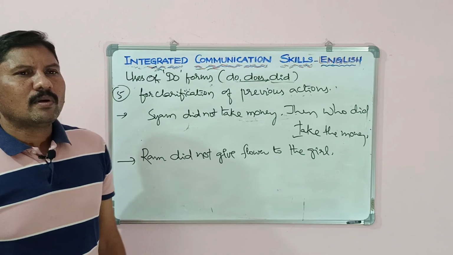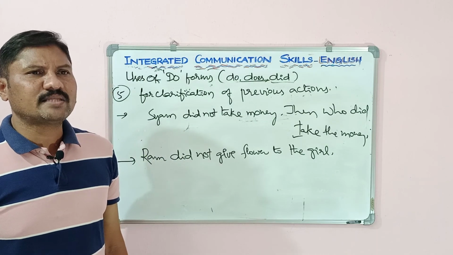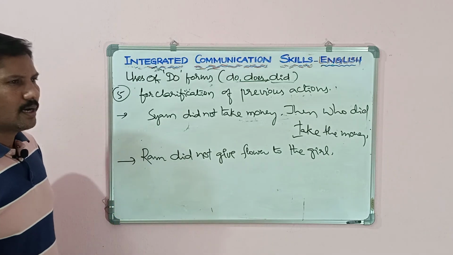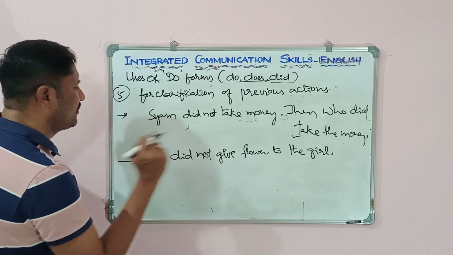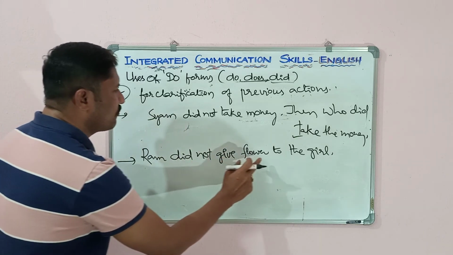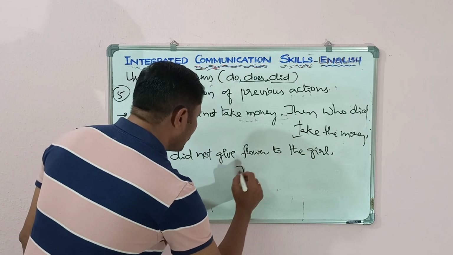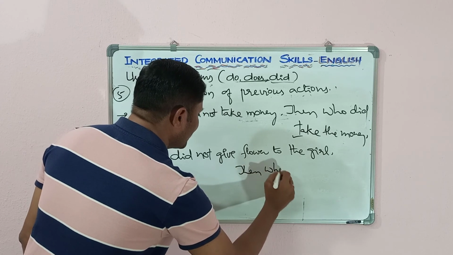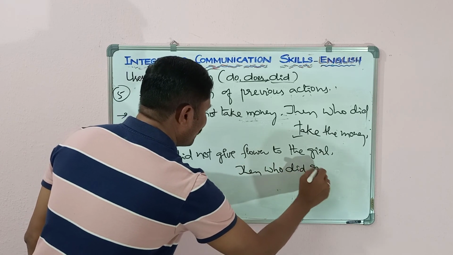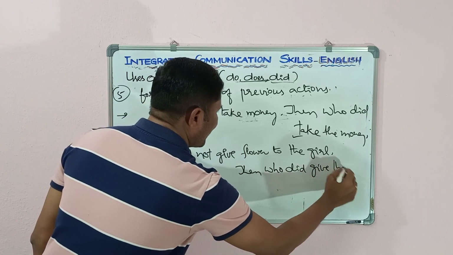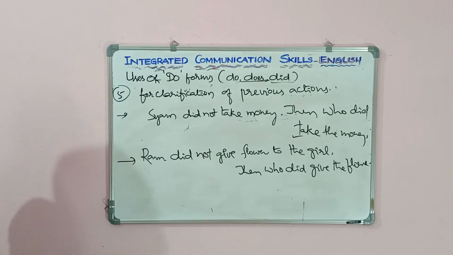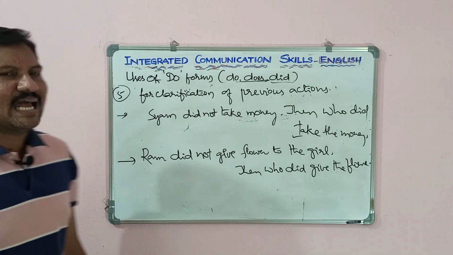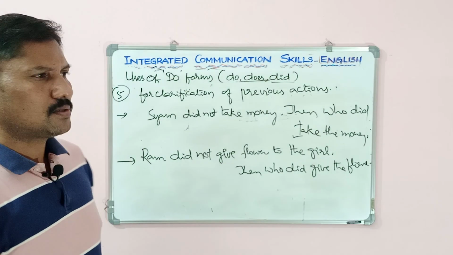Actually, all are denying that they gave the flower to the girl. Then we can ask for clarification using the did form. Ram did not give the flower to the girl. Then who did give the flower? Like this we can use the did form for clarification of previous actions.